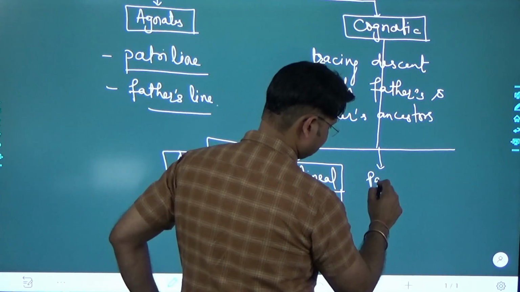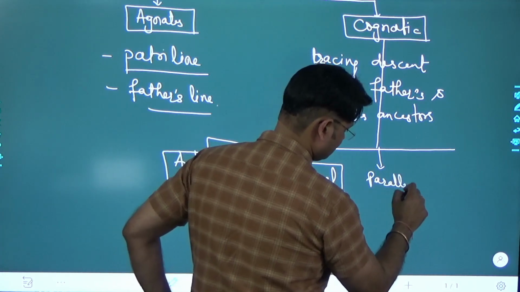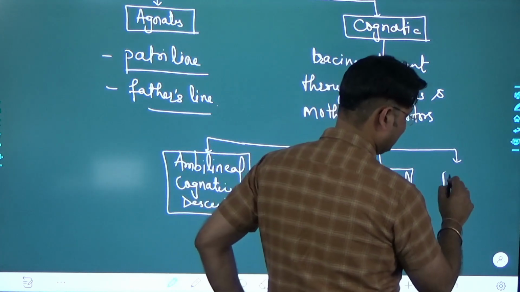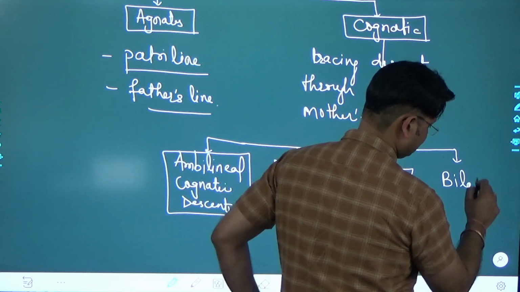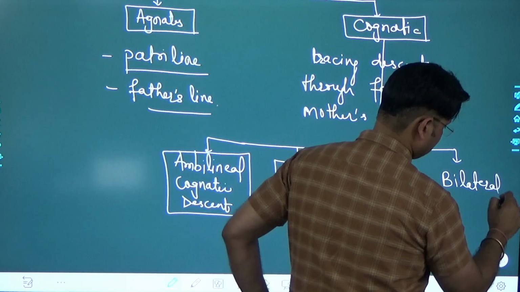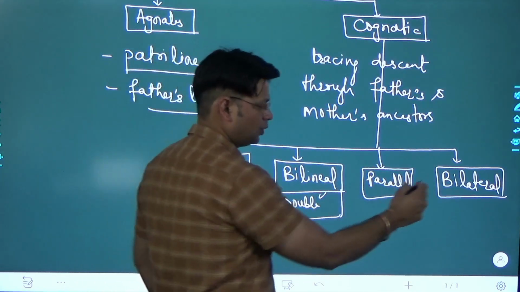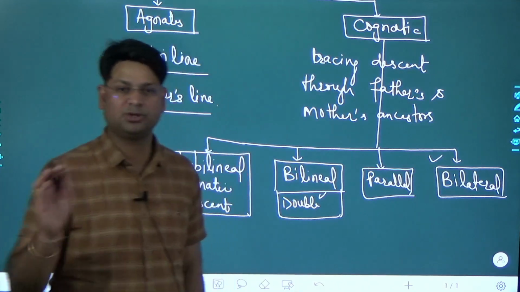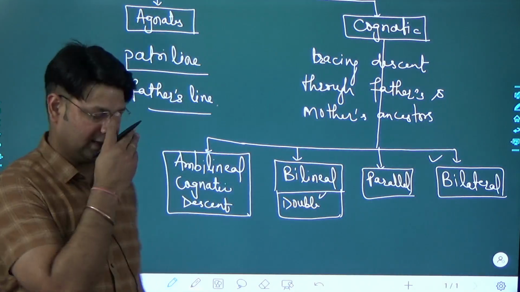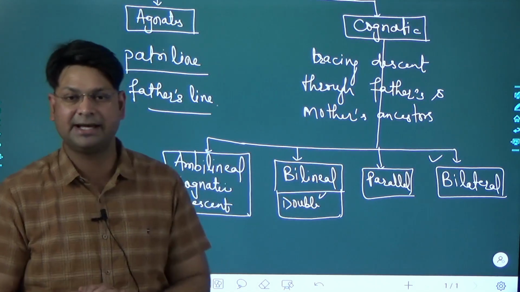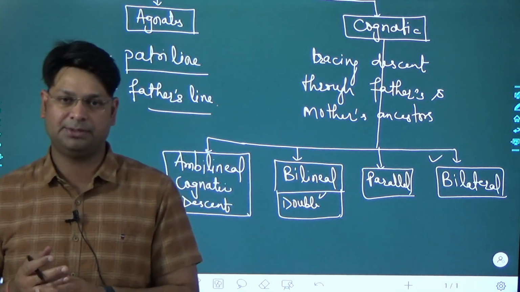Parallel descent, parallel cognatic descent, and bilateral cognatic descent. See, I have made a video on double descent versus bilateral descent that you can find on our YouTube channel, right? Right now I will tell you about these cognatic descent types and examples of them.